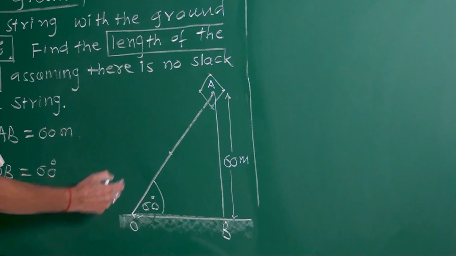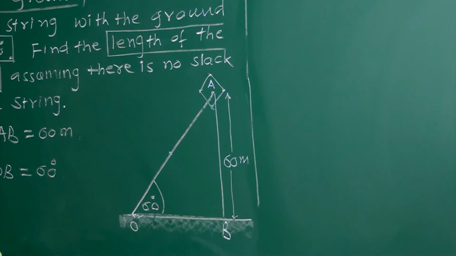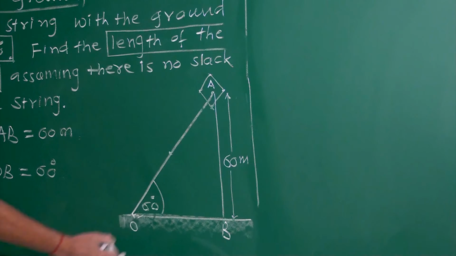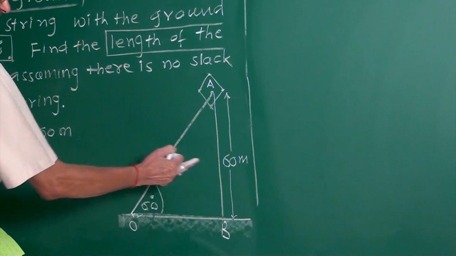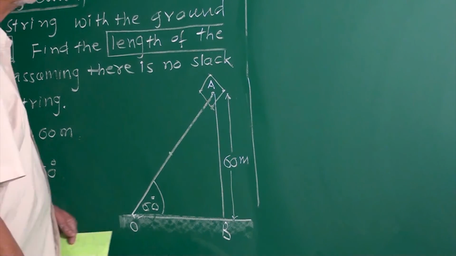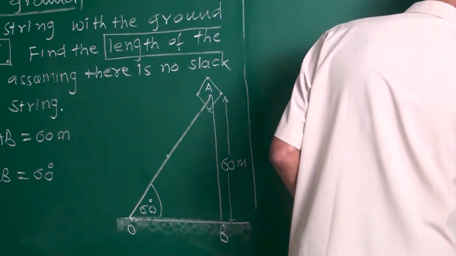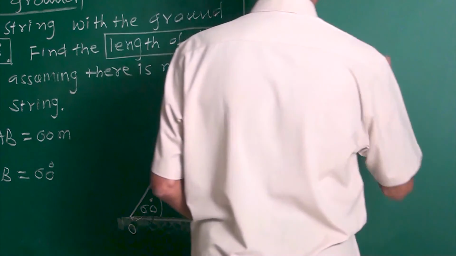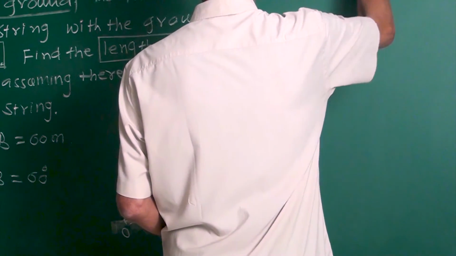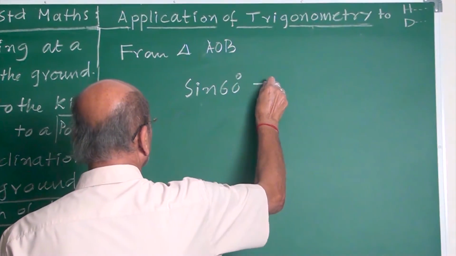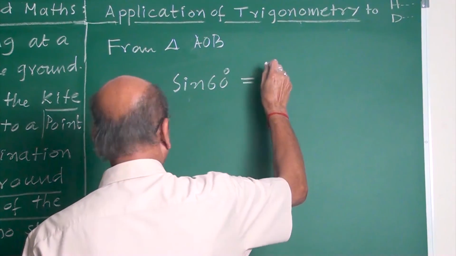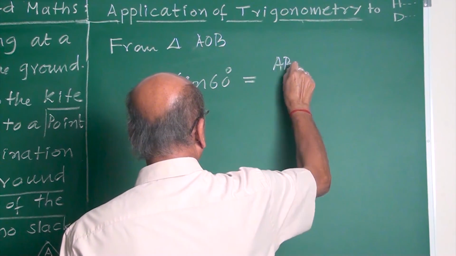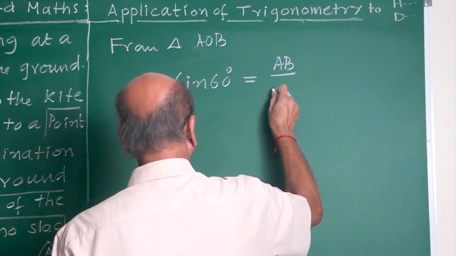Instead of tan, you have to take sine in this case, opposite side upon hypotenuse. Sine 60, opposite side AB upon hypotenuse OA.